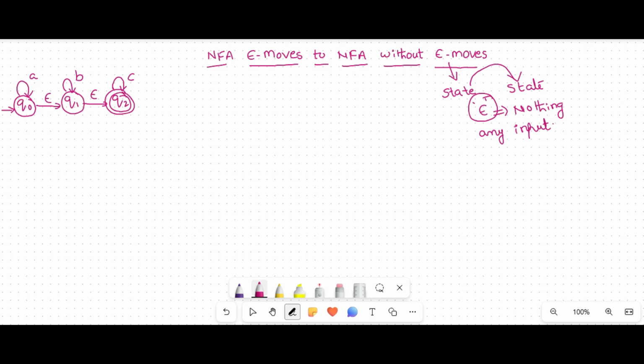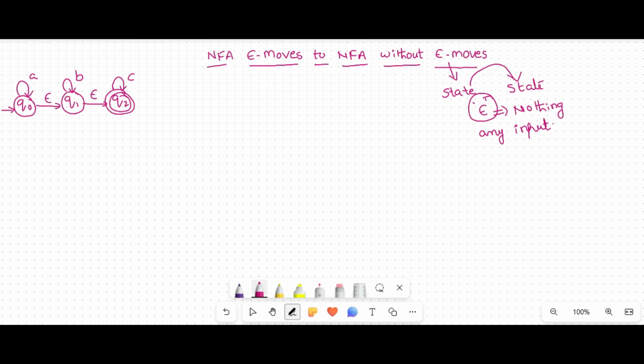Now see what is the meaning of this. Any number of A's you can have, any number of B's you can have, any number of C's also you can have. That is the meaning of this transition diagram. That means the minimum string is epsilon.